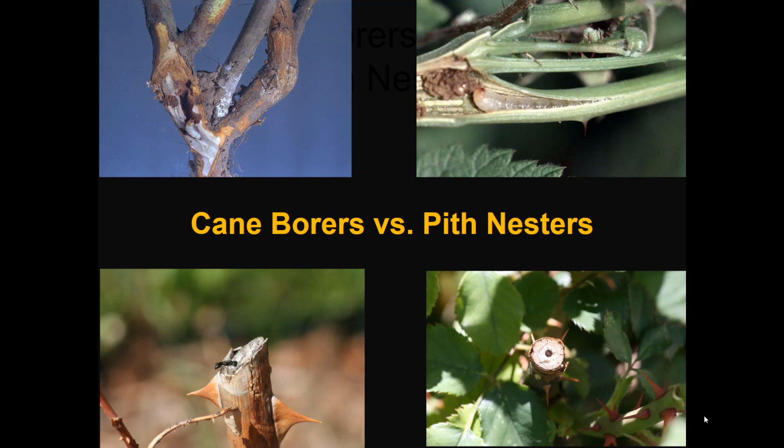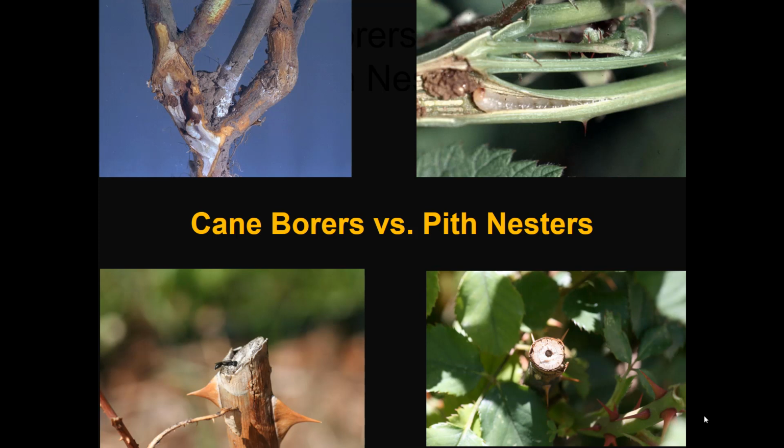But there's also one other thing that I want to bring up in this issue with cane borers, and that is that you will sometimes see in these plants insects in the cane, but they are not a pest. They are a pith nester. And I want to make a distinction between these two things. The borers are going to be something that lives by consuming the tissues of the plant.